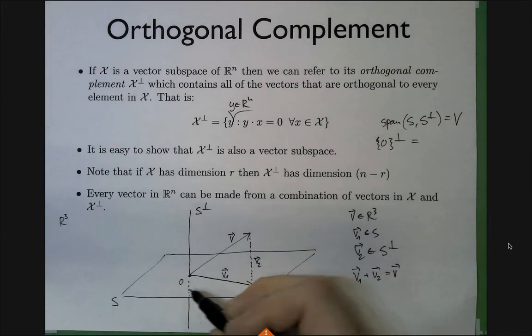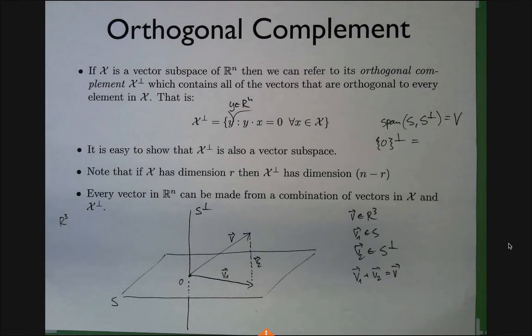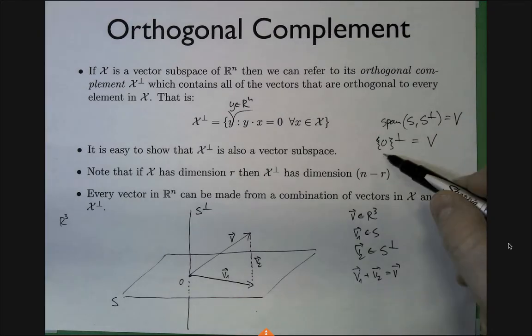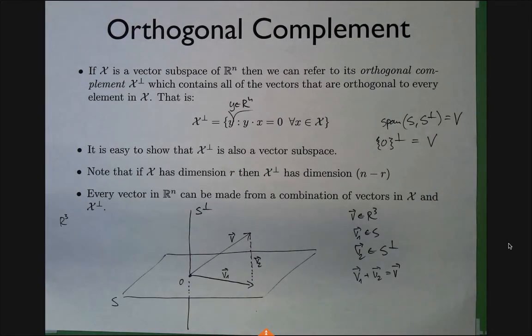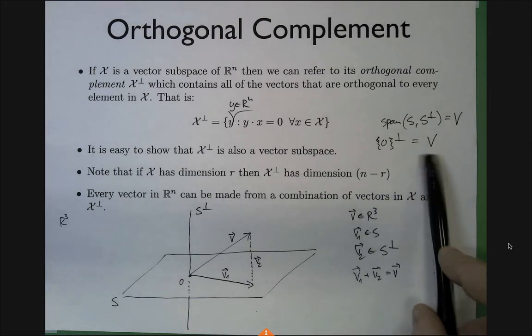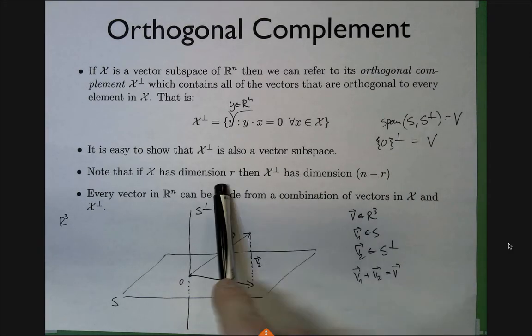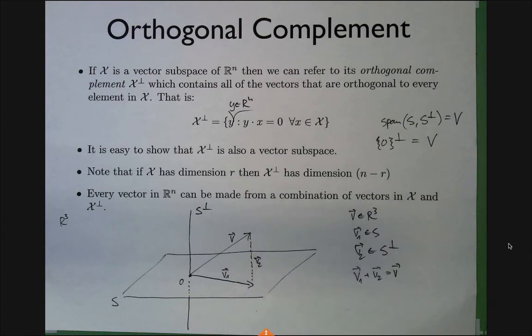It would be the entire space, right? And the other way around, the orthogonal complement of V would be just the origin. This would be a 0-dimensional subspace, and this an n-dimensional subspace. So even this equation still works, right? If that's 0, then n minus 0 is n, so everything is cool. Okay.